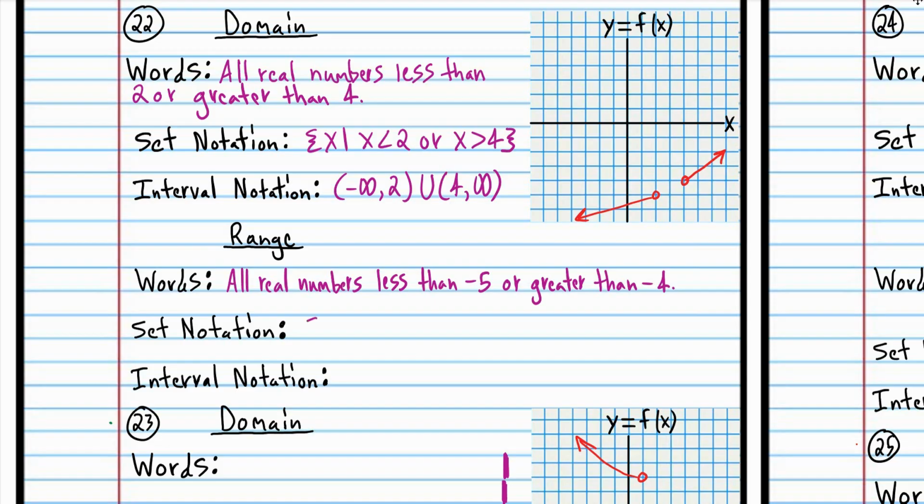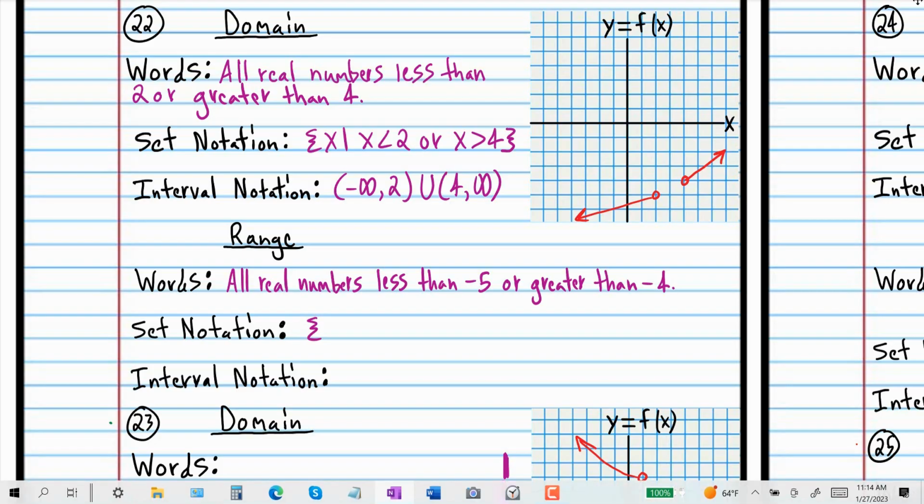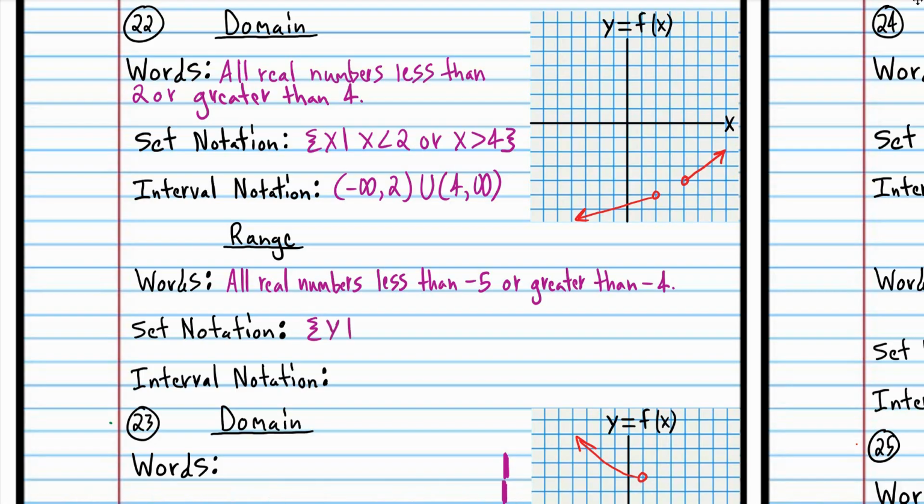In set notation, we say the range is the set of all y values such that y is less than negative 5 or y is greater than negative 4. And in interval notation, we say negative infinity, comma negative 5, and then the union symbol, and then negative 4, comma infinity.